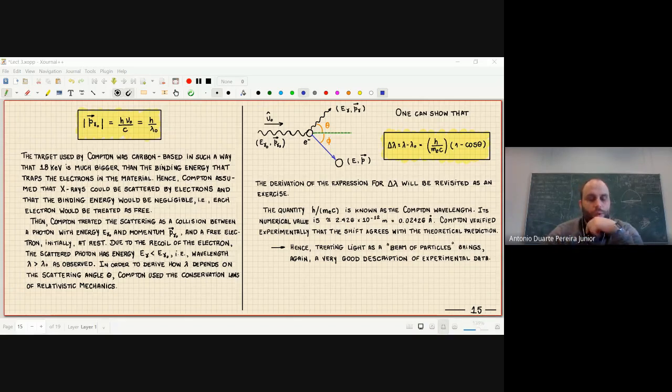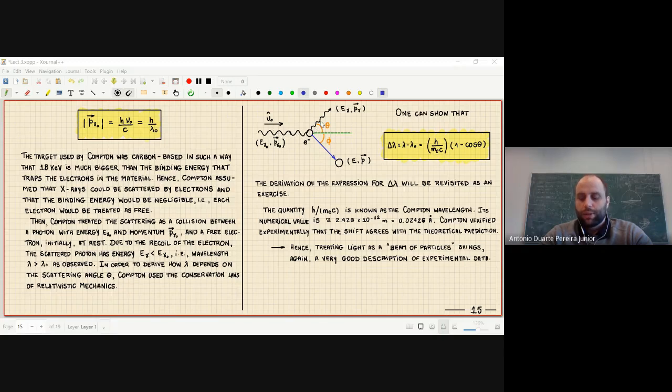Now I will just explain a bit more. As I told you, this is the picture that I have. Compton wanted to measure, so you see now that the photon had initially a wavelength lambda naught.